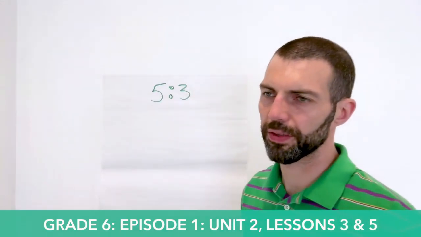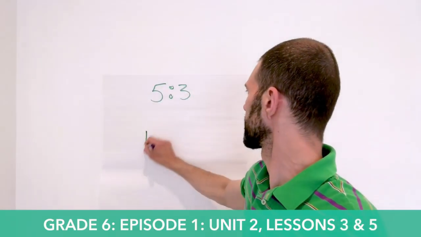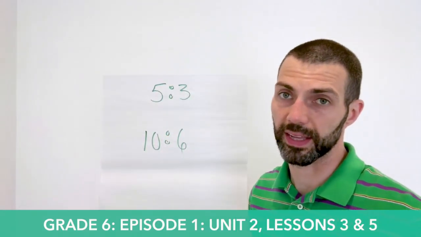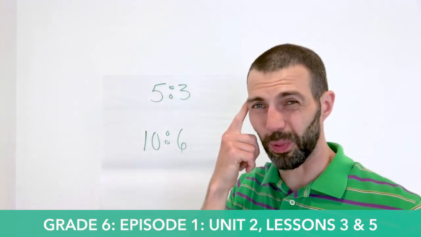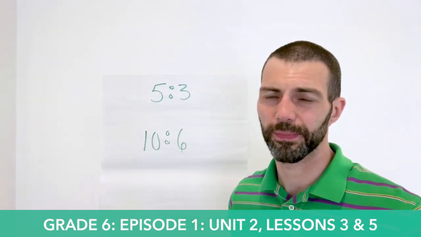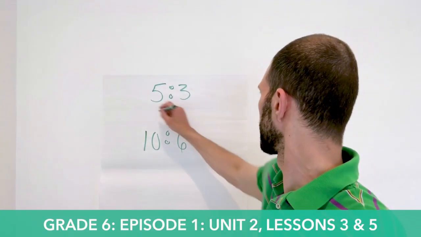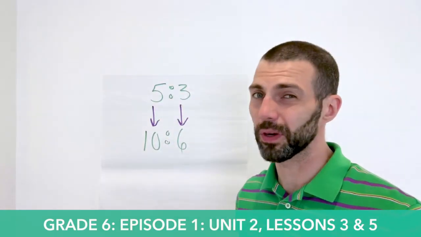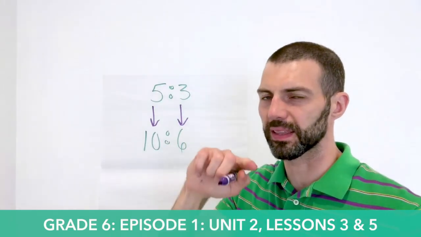Here's the ratio of 5 to 3. And here's the ratio of 10 to 6. Now, I know that both of these ratios are equivalent, and that's because I can scale them, or I can multiply by the same number to get the second number.